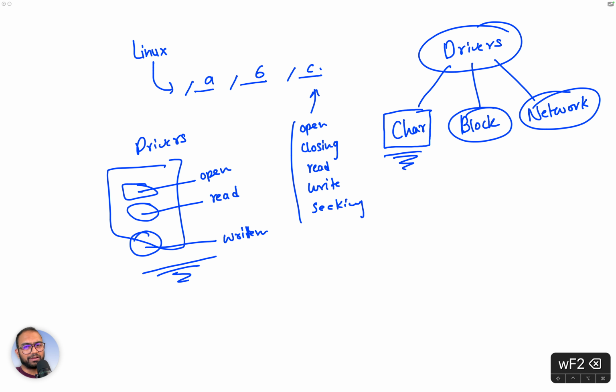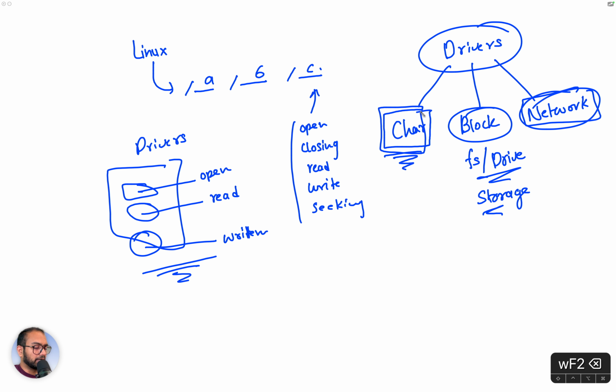Now, what kind of drivers are within the category of block? Well, drive related, your hard disk and solid state drive, storage related more appropriately, right? So storage related drivers are block drivers, for example. Then network drivers are the drivers that deal with Ethernet and so on.